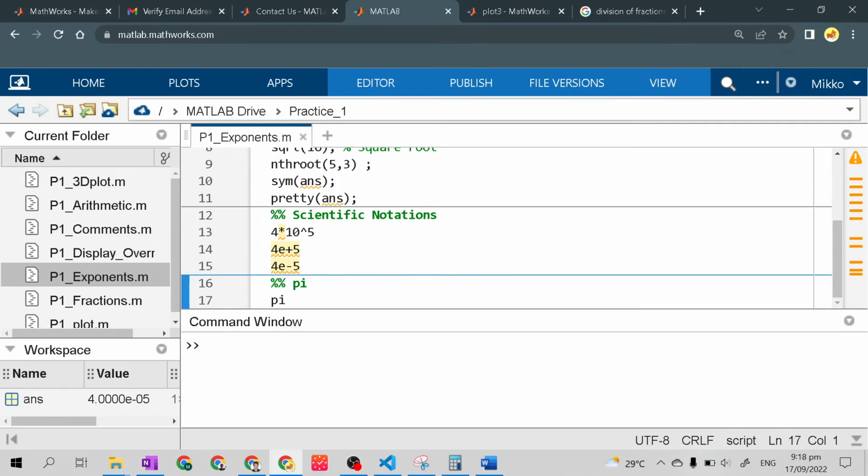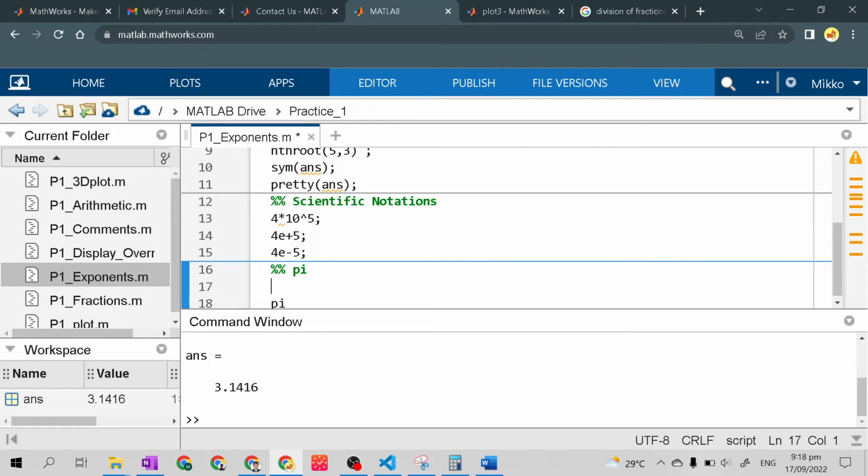This is small letter p and i, not capital letters P and I, so don't make it capital letters. If I run this, I will put semicolons here, then F5. We will have the value of pi, 3.1416.